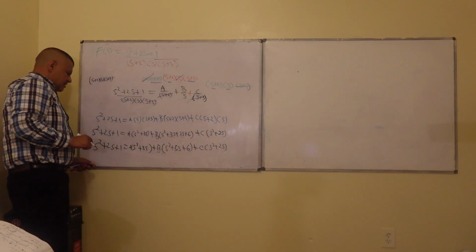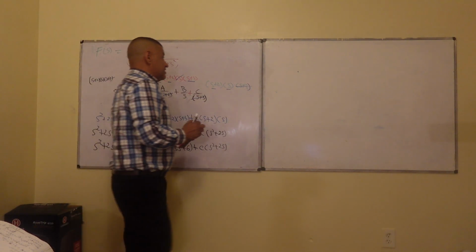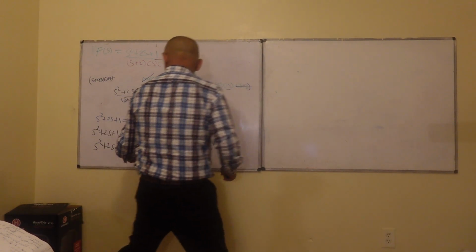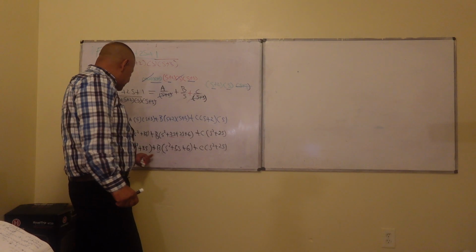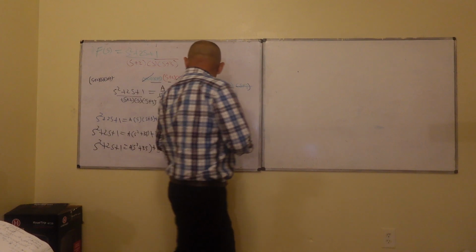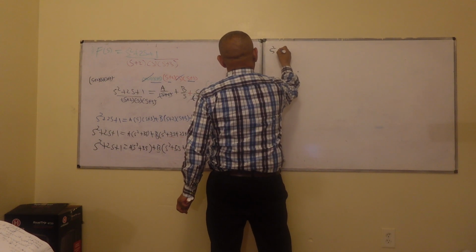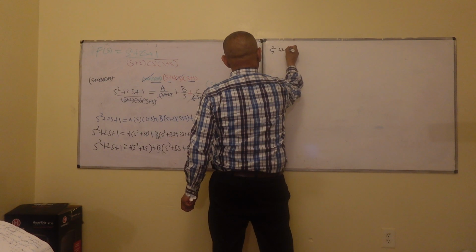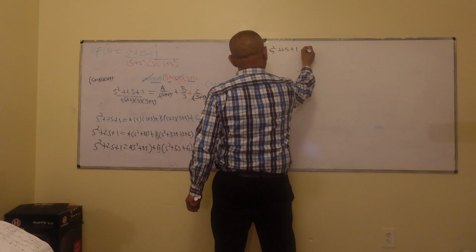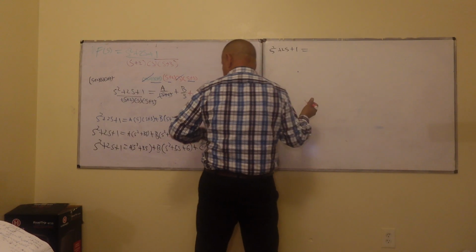Right. Now let me distribute this back here. So I'm going to distribute that, distribute this, and distribute that one inside. So s squared plus 2s plus 1 equal on the other side.